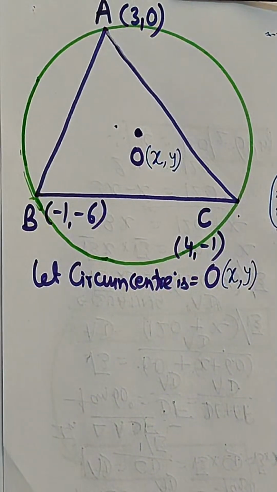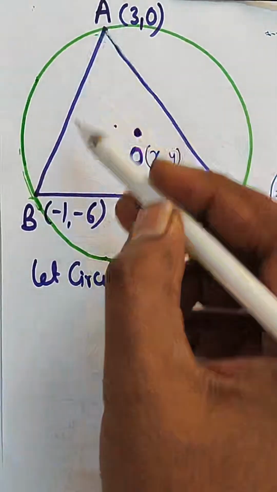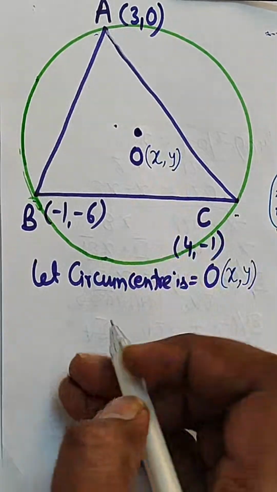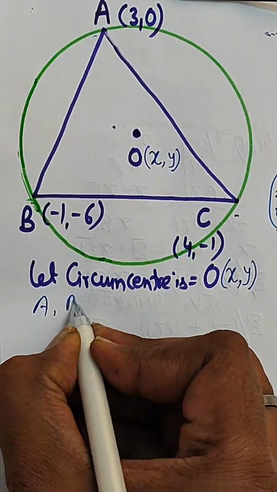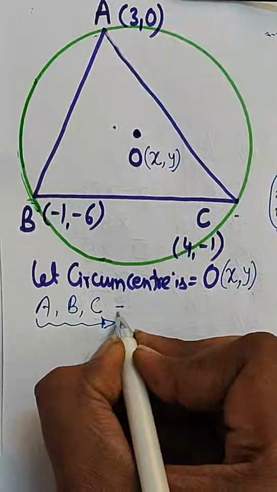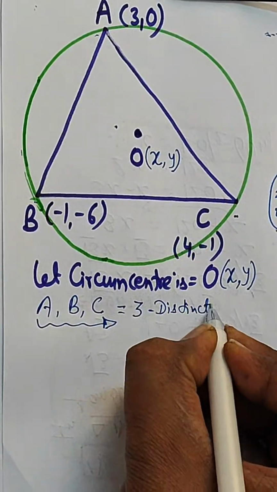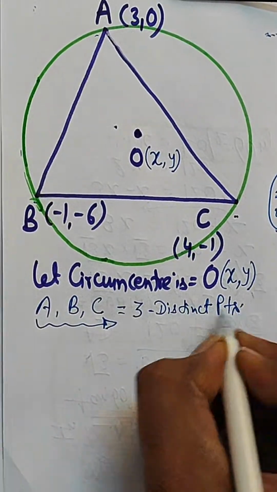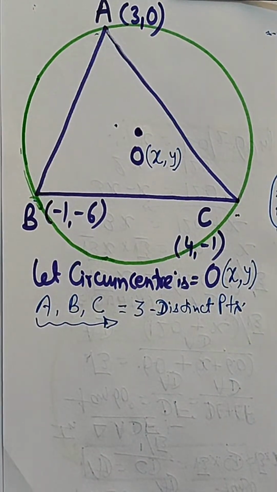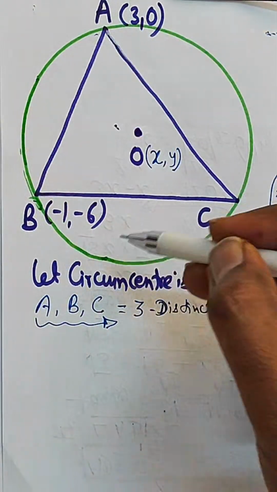So if we assume the circumcenter is X and Y, then we know the property that a circle can pass through three distinct points, right? So if A, B, C are three distinct points, distinct points means they have no relation with each other, then in this case a circle can pass through these three distinct points.